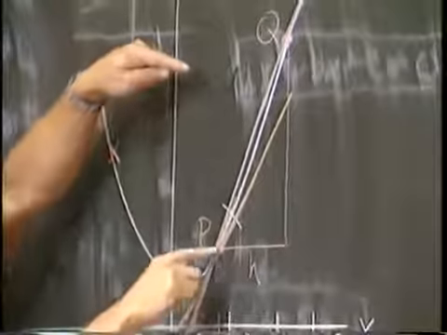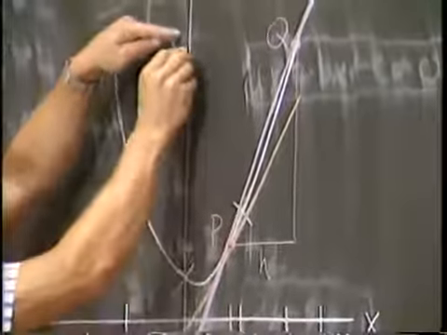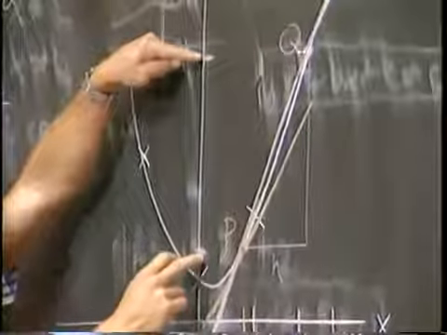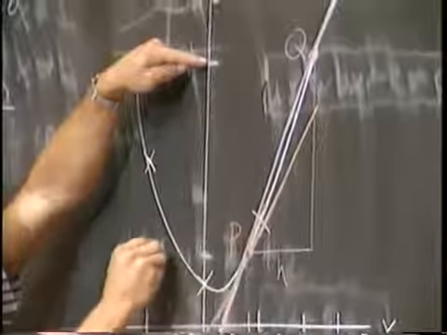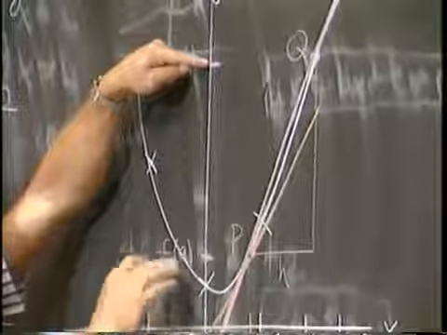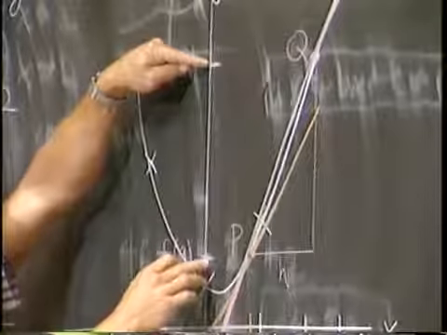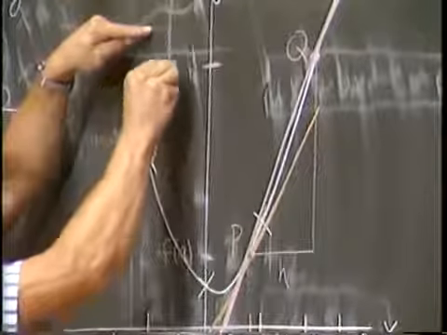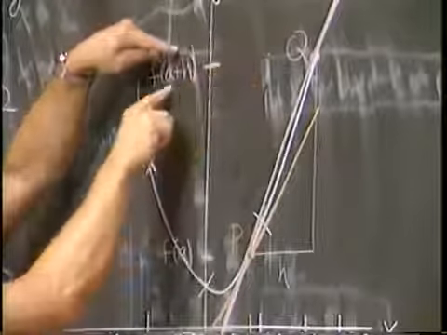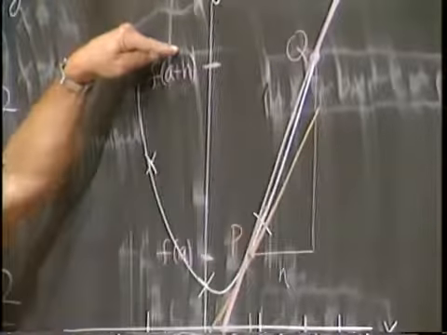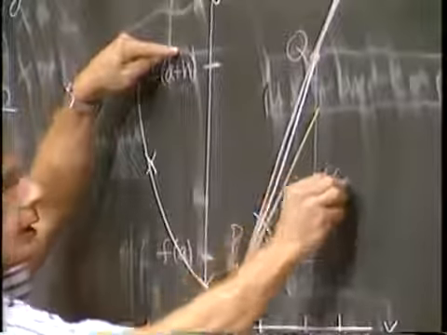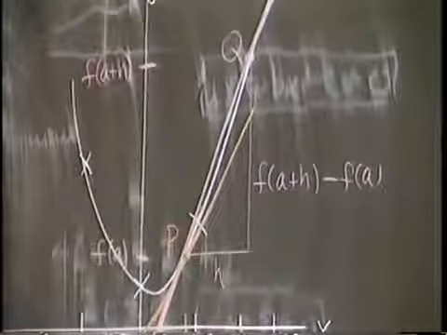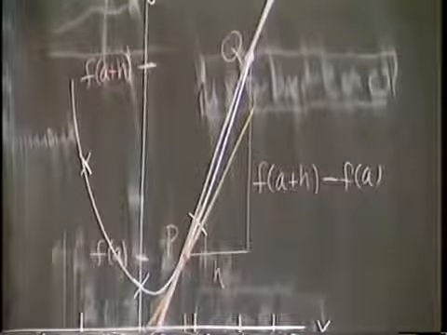Okay, well, the rise would be this distance right here, which is the y coordinate for P. That would be f of A. Just to keep things simple, let's call it f of A. Take that away from the y coordinate for Q, which would be f of A plus h, because Q is sitting right over the x coordinate A plus h. So the rise then would be that difference, f of A plus h minus f of A. And then we're ready to pretty much go to town algebraically.